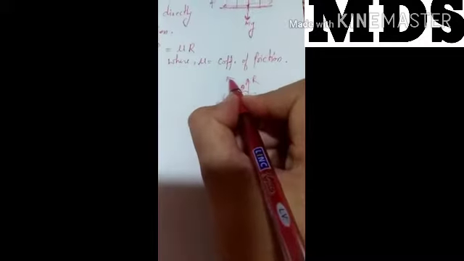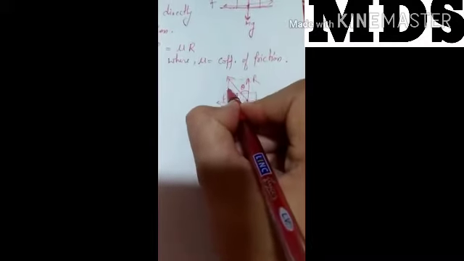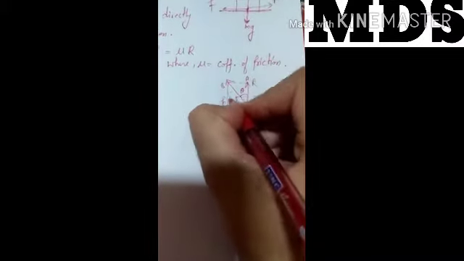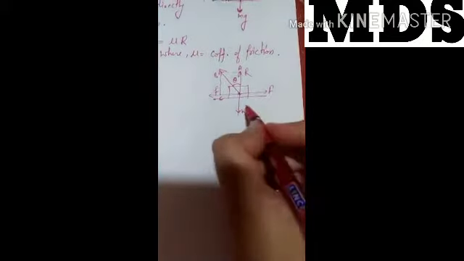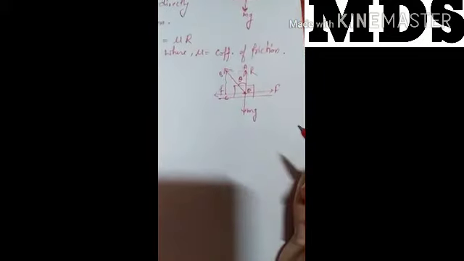Clear? For solving this, we will draw a perpendicular like this in one direction. Here we can mark points A, B, C, and the point O. How do we define the angle of friction?